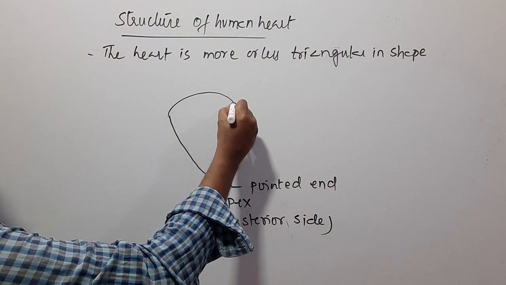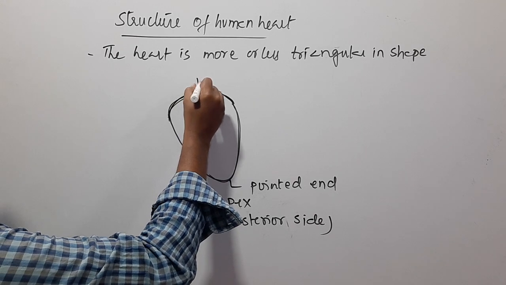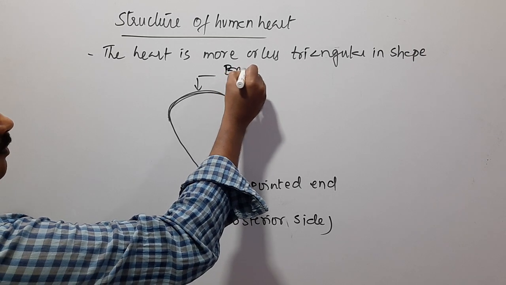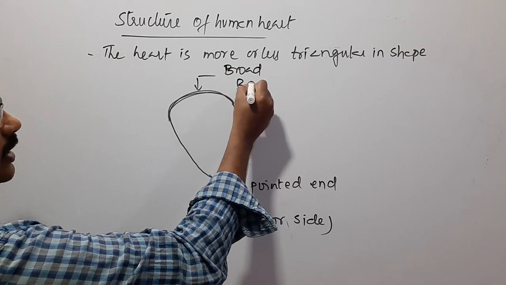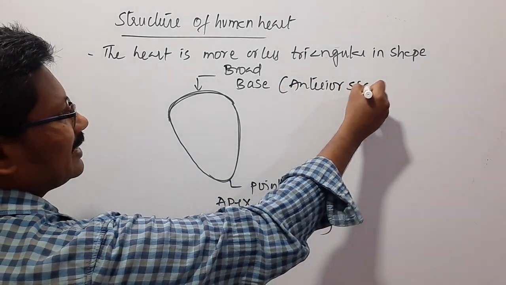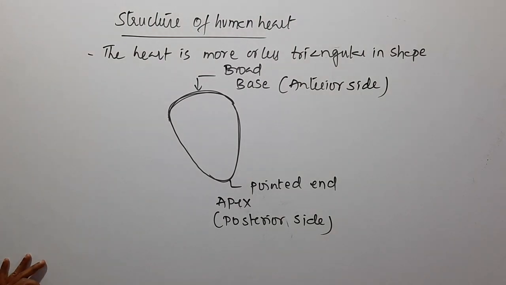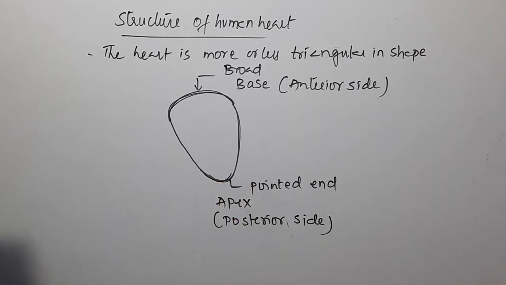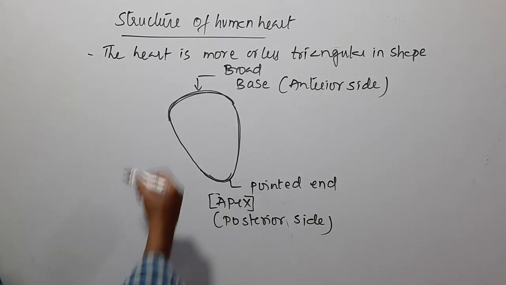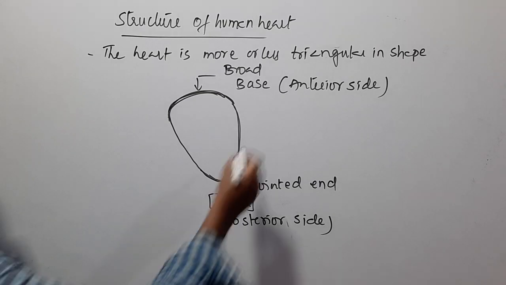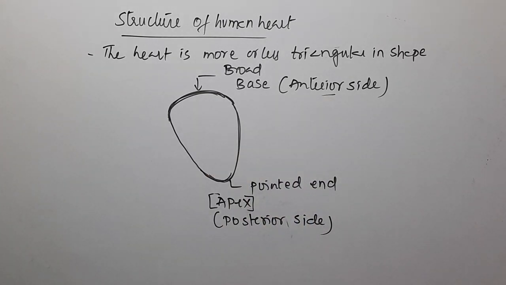The opposite one is broad, and this is what we call the base. It is present towards the anterior side. So the pointed end will be towards the posterior side, the apex, and the base will be broad and present towards the anterior side.